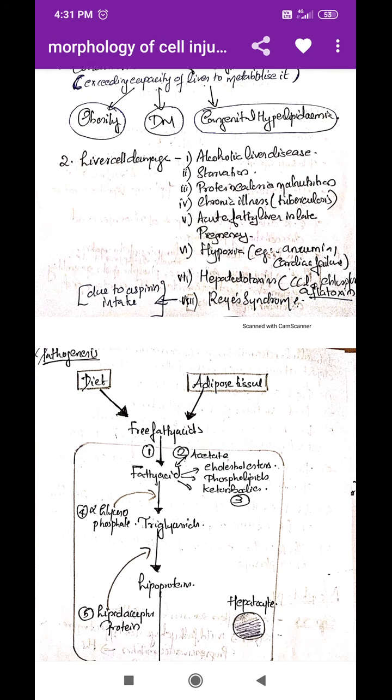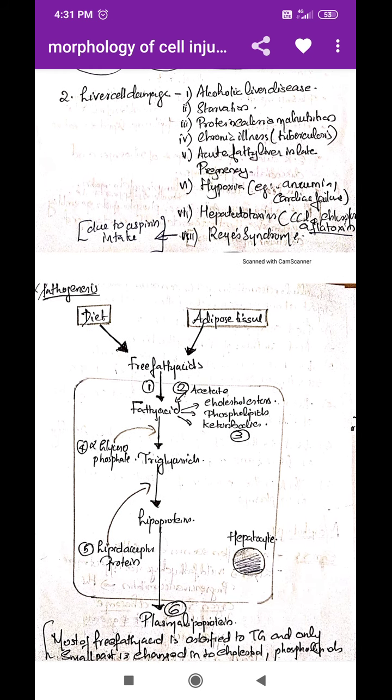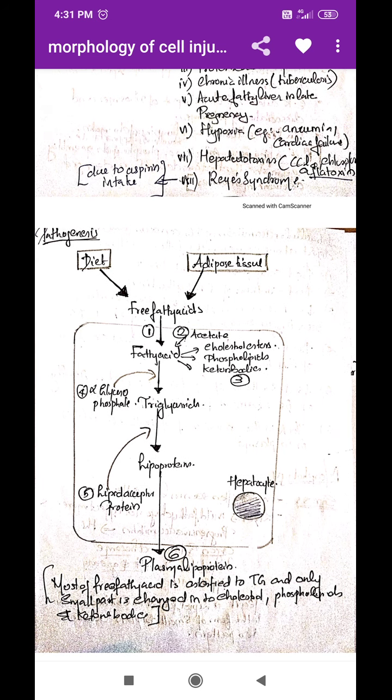Okay. So we have to understand the normal lipid metabolism in the liver. The free fatty acids are mainly derived either from the diet or from adipose tissue. Free fatty acids enter the hepatocytes of the liver. Fatty acid can also be derived from acetate in the liver.